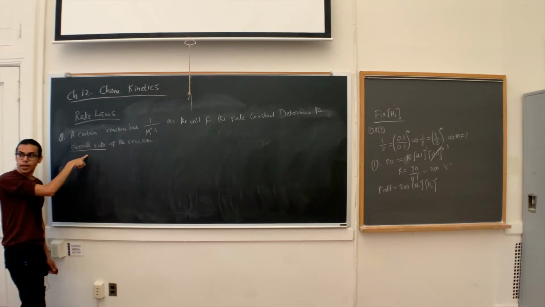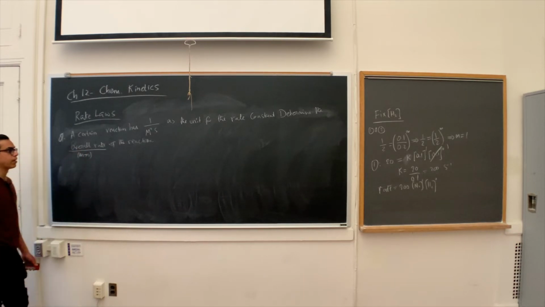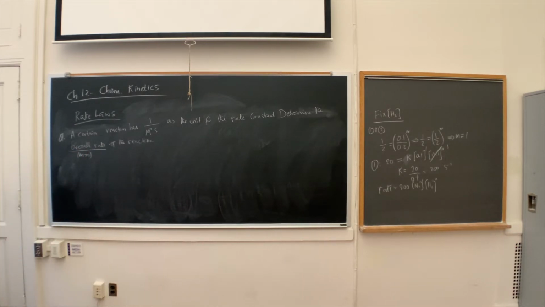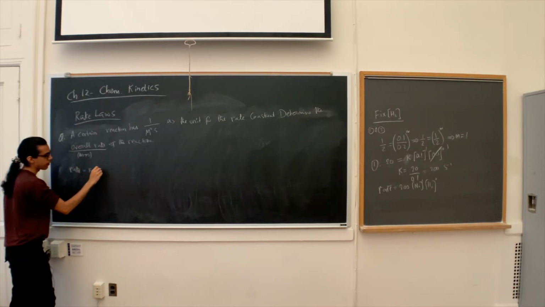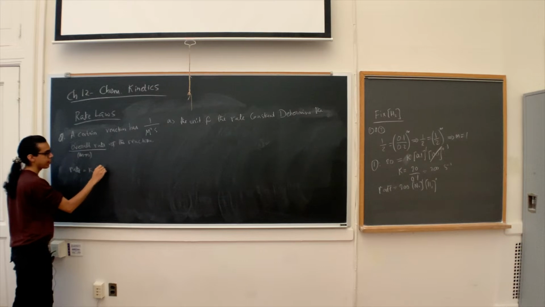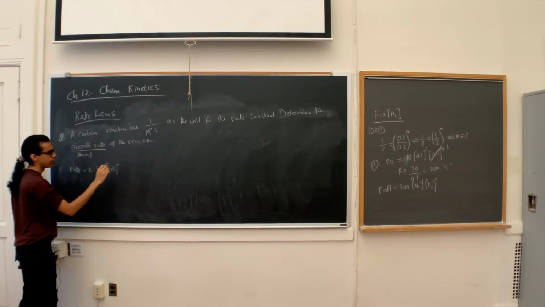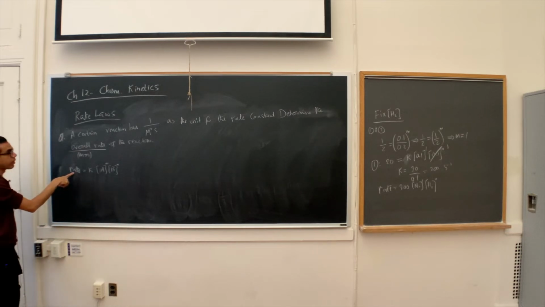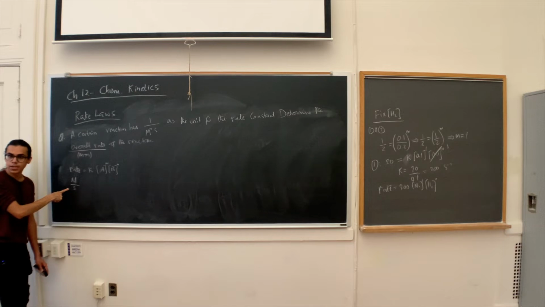If your powers are M and N, M plus N. So we need to figure out what M plus N here is. Okay. Rate law looks like this. K, concentration of, let's say our reactants are A and B, doesn't matter. Rate here, well, rate always has these units, molars per second, like we discussed.